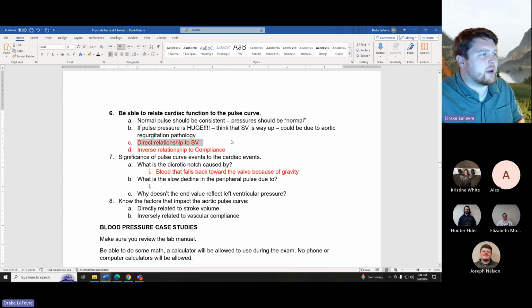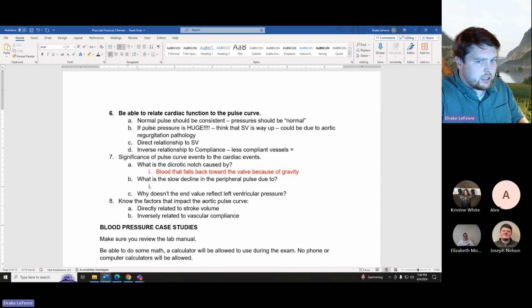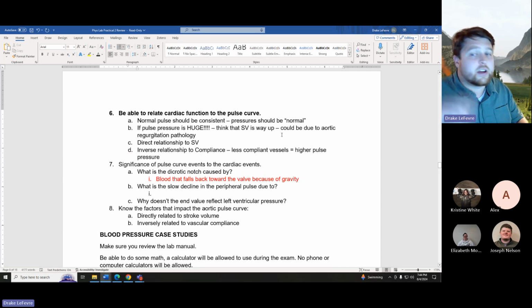There is a direct relationship to stroke volume: a bigger pulse curve means increased stroke volume. Inverse relationship to compliance: less compliant vessels equals a higher pulse pressure. You'll see the pulse curve jump higher because it affects blood pressure.